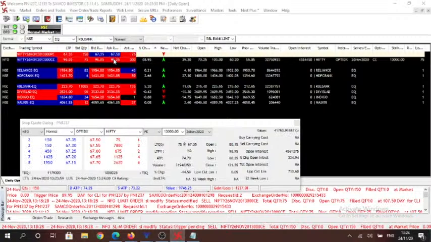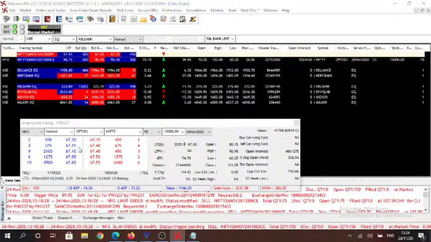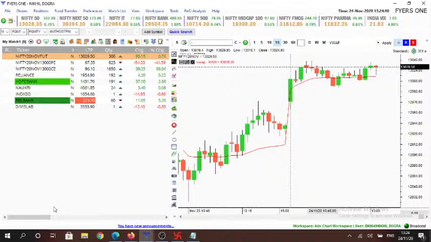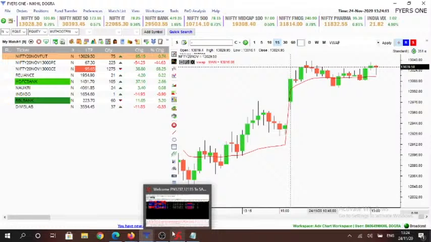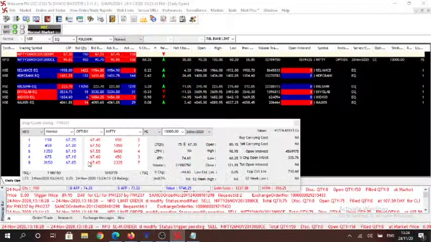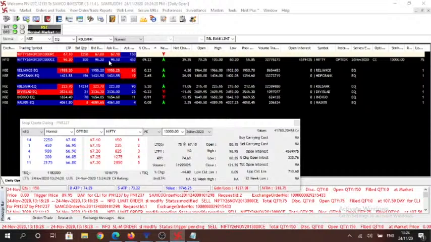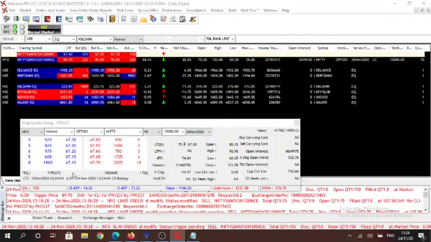Let's see what happens now. 67 is not breaking, 66 is not breaking now.